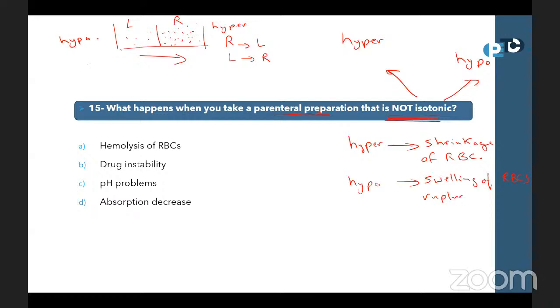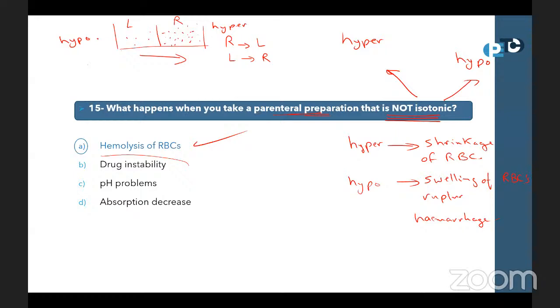They will swell, then rupture, or hemorrhage will happen. So, what is the right answer? Hemolysis of RBCs? Yes, this is the right answer for this question.